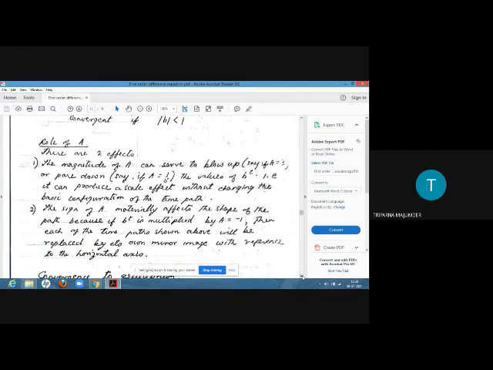2, the sign of A materially affects the shape of the path, because if B to the power t is multiplied by A equal to -1, then each of the time paths shown above will be replaced by its own mirror image with reference to the horizontal axis.